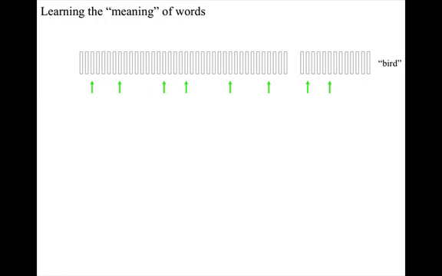So let's think about what will happen if the word bird is heard in the future, after all these experiences, in the absence of an actual bird. Auditory columns will be activated, and there's a reasonable chance that some of the columns often activated in response to hearing the word in the past will be activated this time.